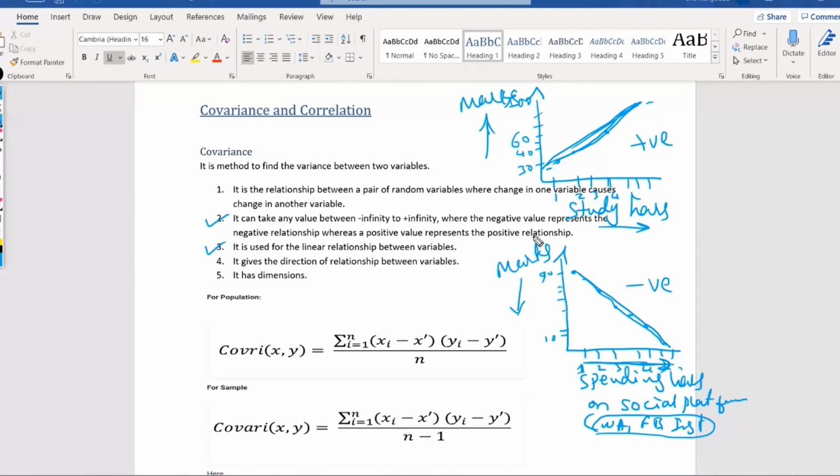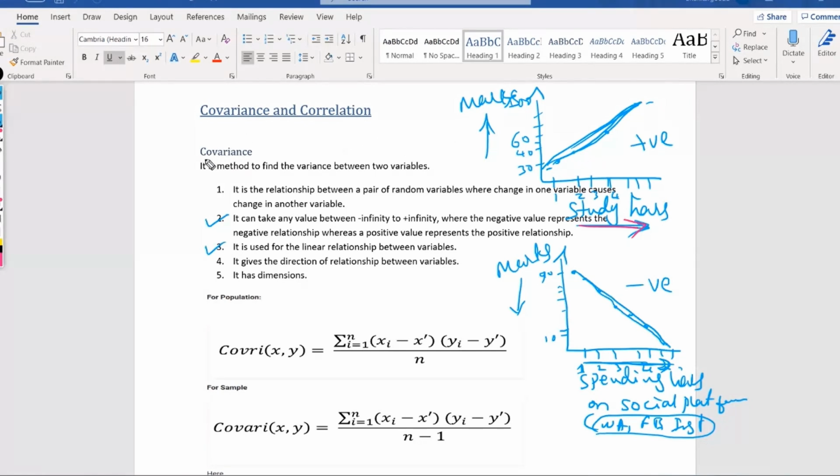So when we see this, in this case, as and when my number of study hours is increasing, my marks are also going to increase. So we usually use this covariance to find the relationship between two variables, right? So, a linear relationship.